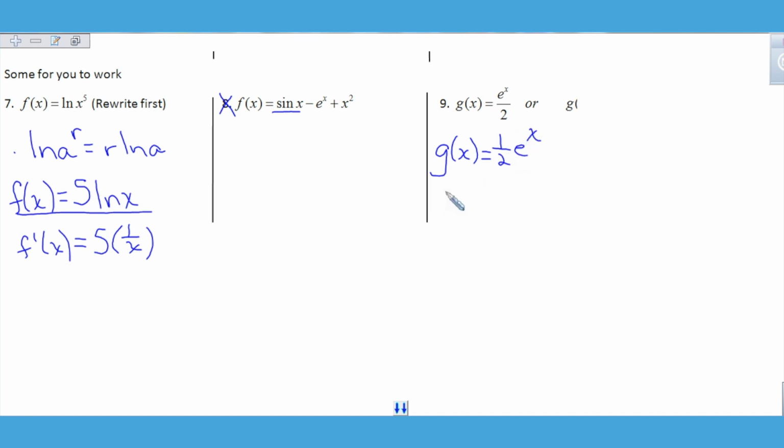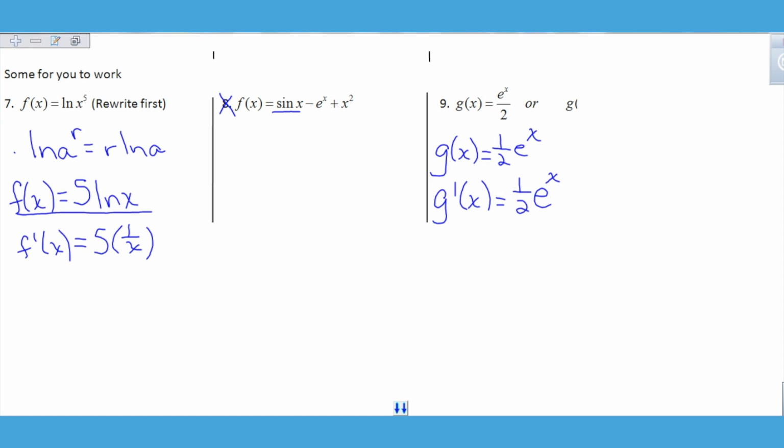So how do you take the derivative of that? Well, it's the constant times the derivative of the function, which is just e to the x. That's pretty easy, isn't it? And so we don't want to do a quotient rule unless both functions have an x in them. When they look like this, we want to think about it as just a 1/2 in front of that function.